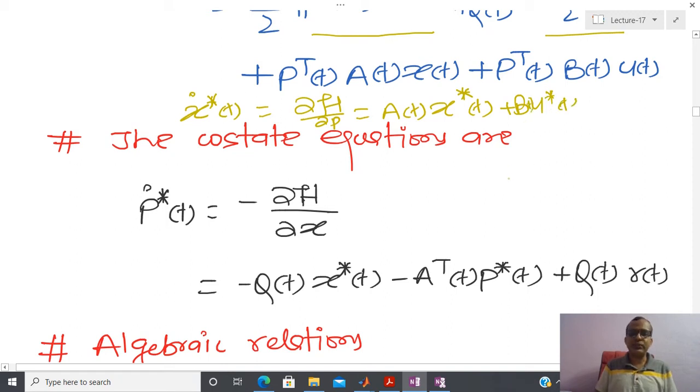Most of the time we are not writing this state equation, because we already know that our system is constrained to follow this equation.